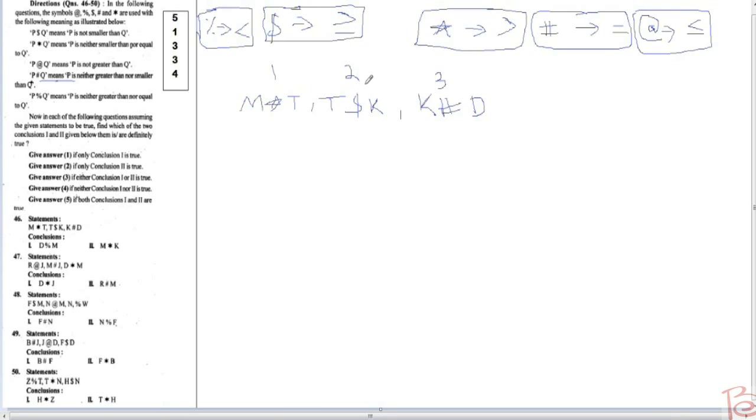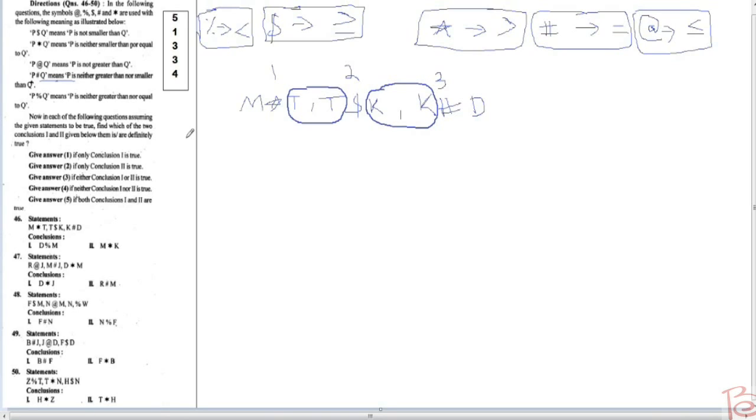What we have to do is combine all these three statements into one. See, M star T, after the comma the next letter is T. That means the ending of the first statement and the beginning of the second statement is the same. Likewise, the ending of the second statement and the beginning of the third statement is the same.